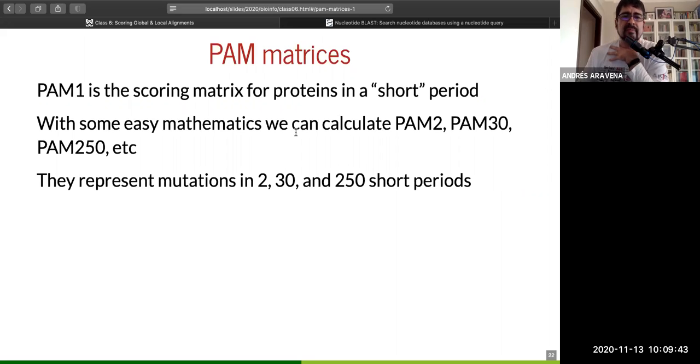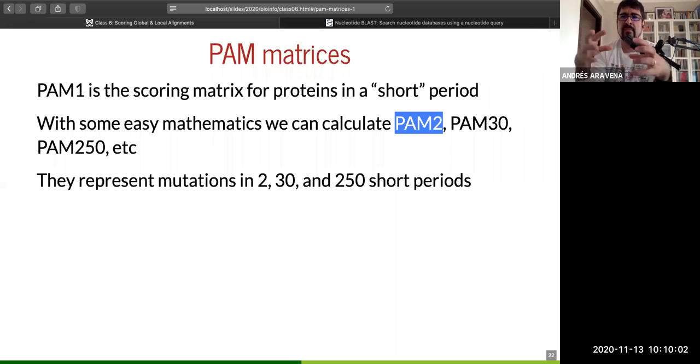Then, if you know what happened in 1,000 years, you can simulate 2,000 years. Essentially, you go from today to 1,000 years, and then from 1,000 to another 1,000 years, and you get the second matrix. And then you do it again. Essentially, they are multiplying matrices.